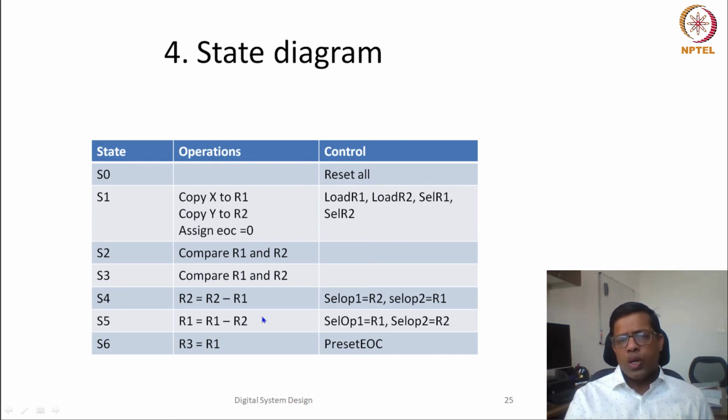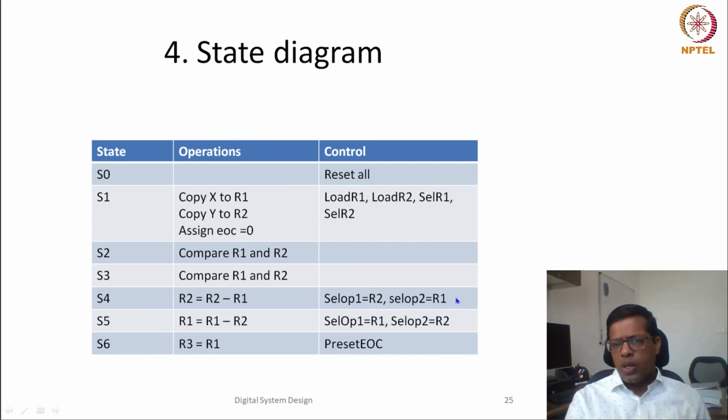In other words, the structure is always there, but because my state machine says that I am in S4 state, R2 is selected and R1 is selected, so automatically this operation would happen. And this will also say that R1 will get updated.